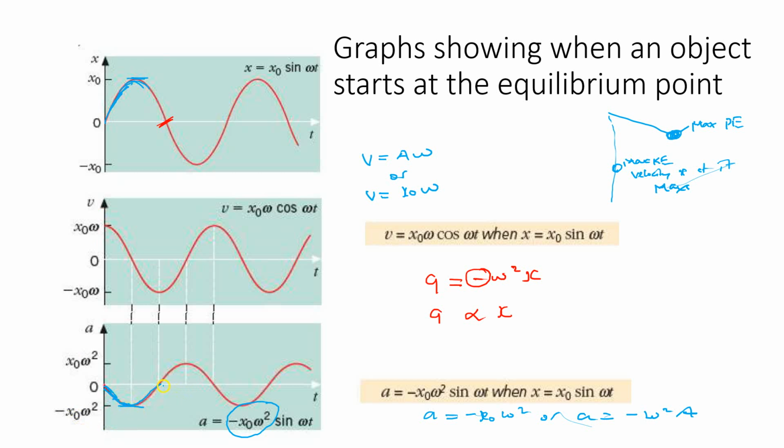When the system comes back to zero on the displacement graph, we're also seeing that the acceleration is at its lowest. So those are some key things that we can point out whenever we're comparing the different types of graphs.